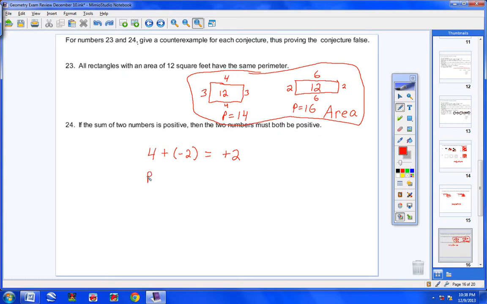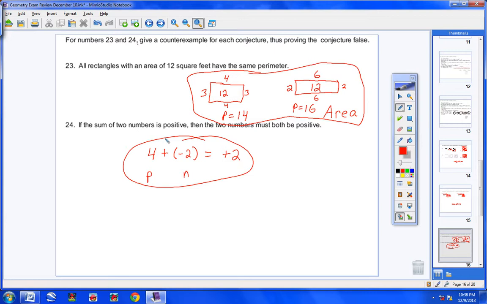This is a positive number right here, and this is a negative number right here. So I added a positive and a negative number, and I got out a positive number. And this says if you add two numbers and get out a positive number, then the two numbers you added must both be positive. And that's not true. And here's a counterexample right here.